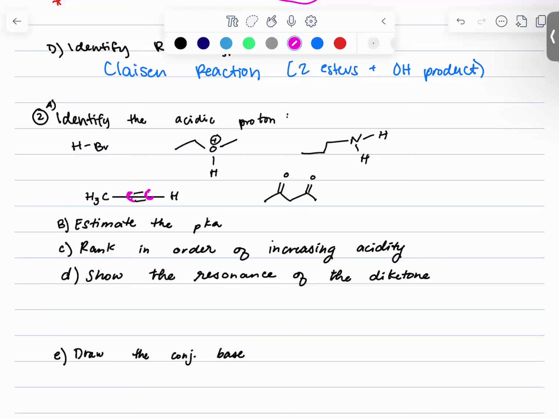Okay. Are we ready to start identifying some acidic protons? Ready? Need more time? Not ready. Great. Who wants to volunteer on labeling, highlighting an acidic proton? Come on down.